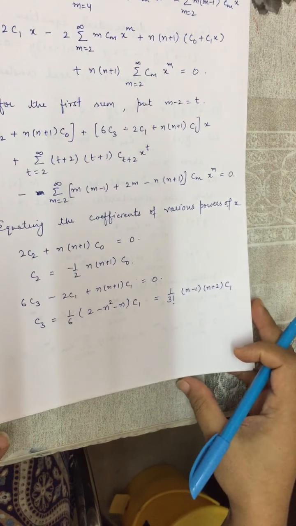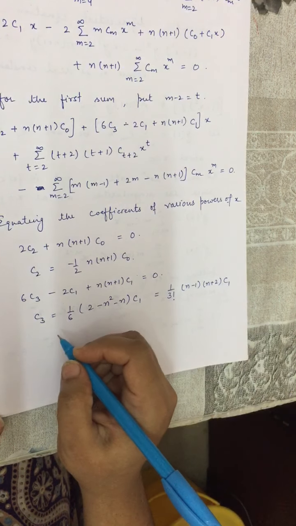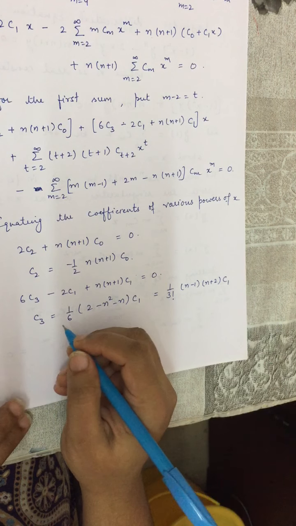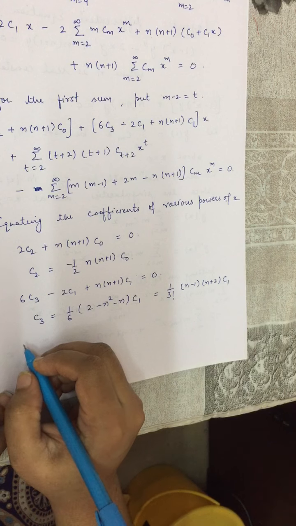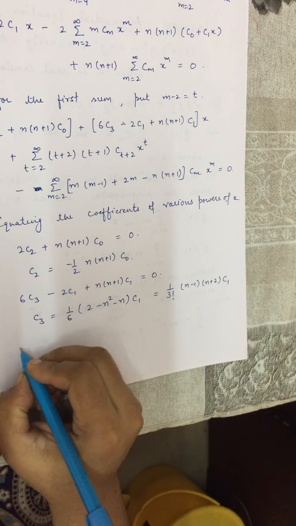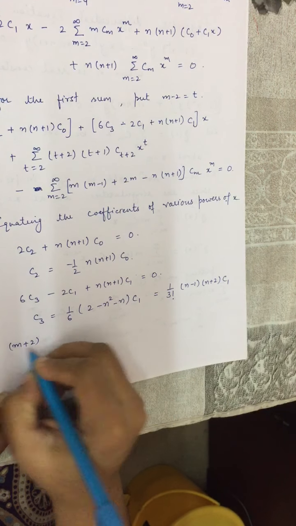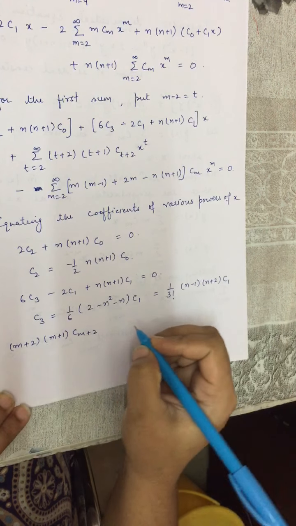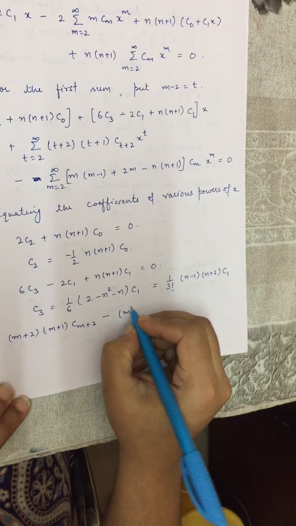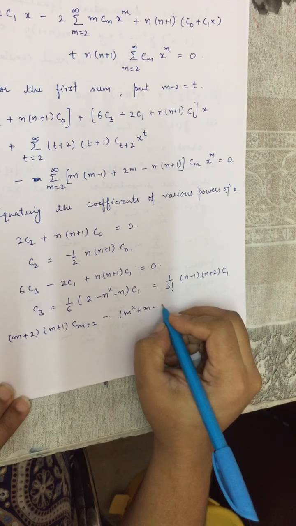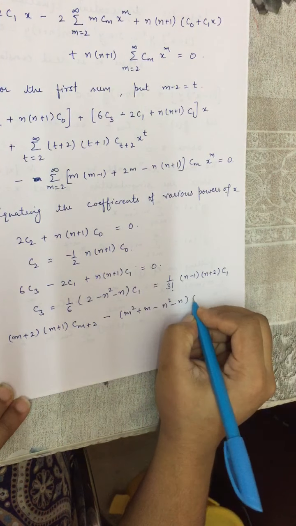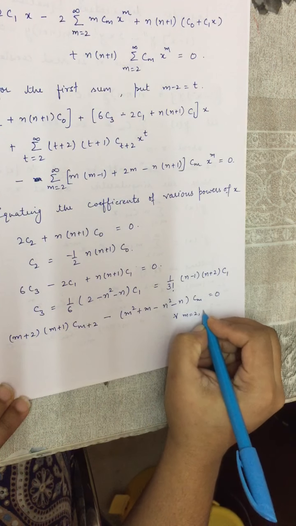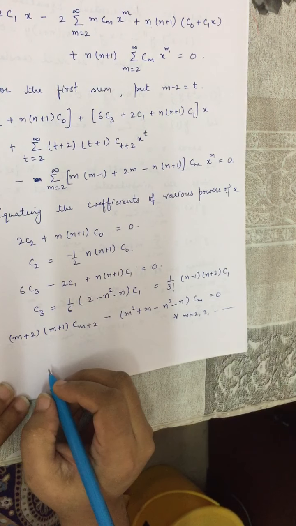Similarly, when we equate the coefficient of x raised to m, we will get (m+2)(m+1) C_{m+2} minus (m square + m - n square - n) Cm, this is 0. This is true for all m varying from 2, 3 and so on.